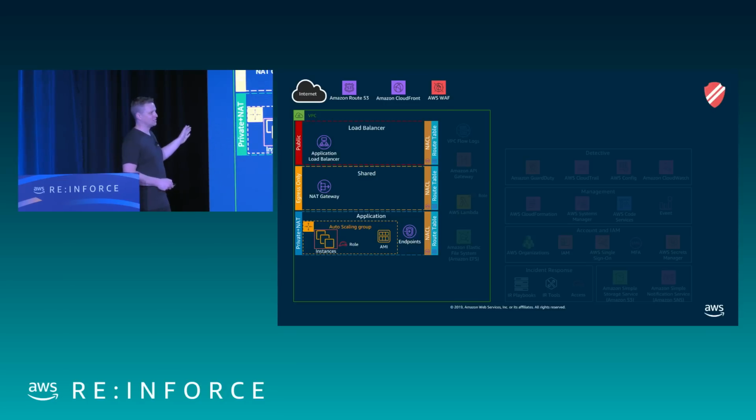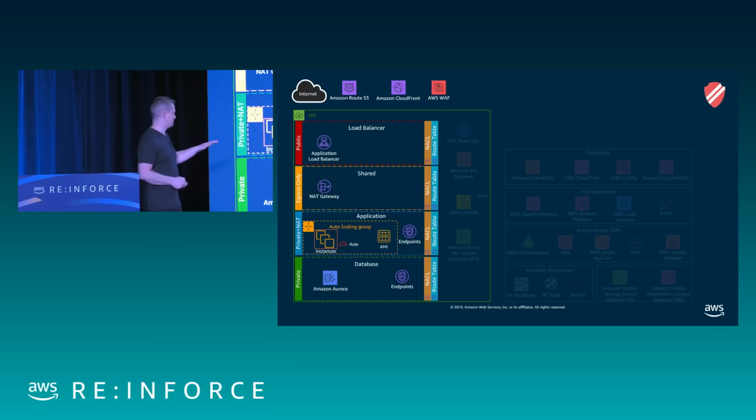So the application doesn't need a route outside to the internet to get to S3, to Secrets Manager, or to KMS. And we're also using a database tier. So we're using Amazon Aurora, and we access Amazon Aurora through endpoints at the database layer.